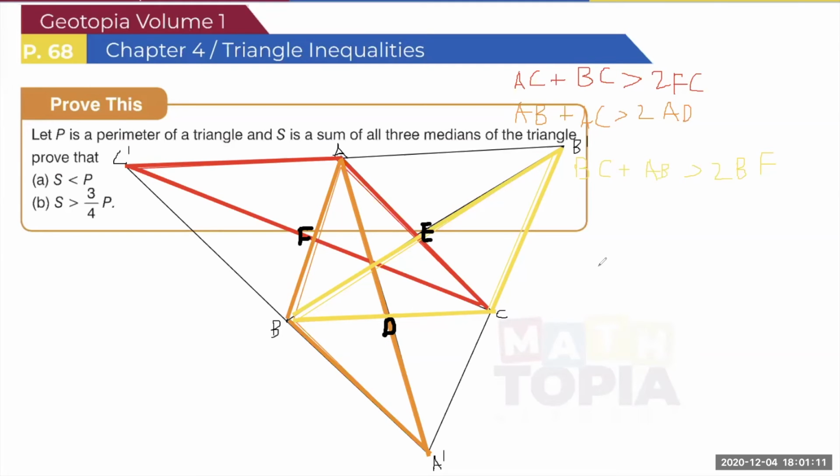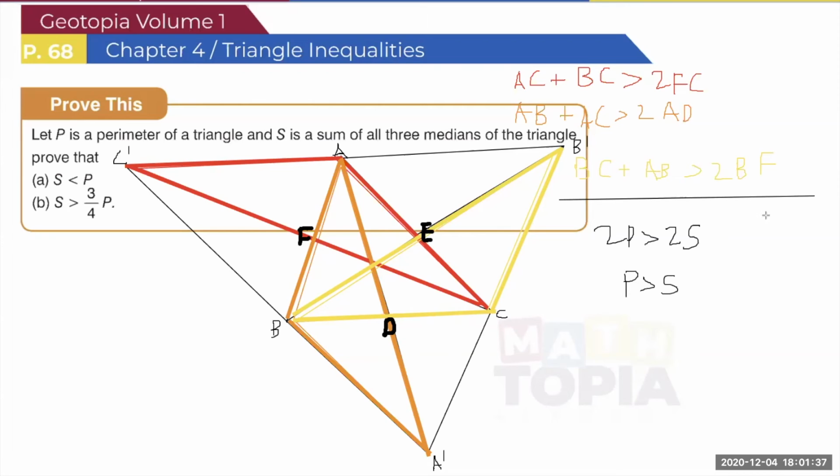So now notice we can add all of these up. And we get that there's 2 perimeters here, so 2P. And then these add up to 2S. And when we divide by 2, we get P is greater than S. So that was the first part of this proof.